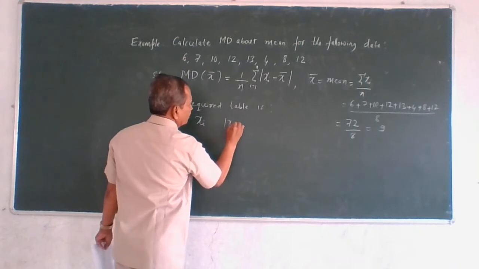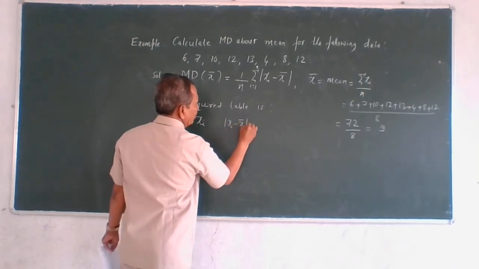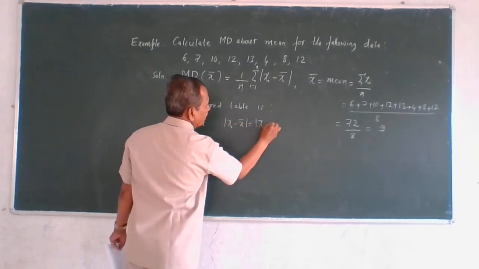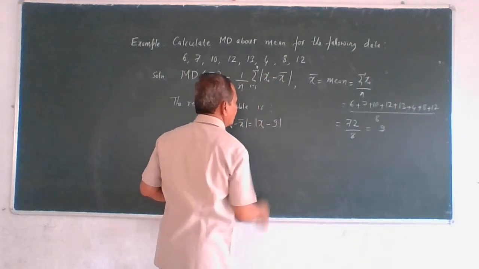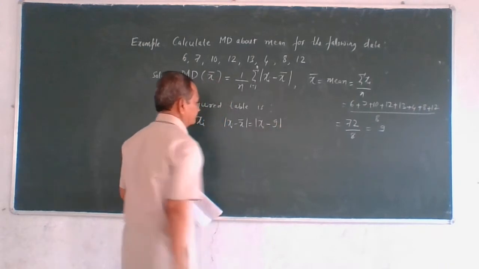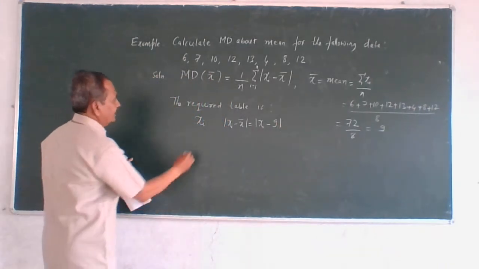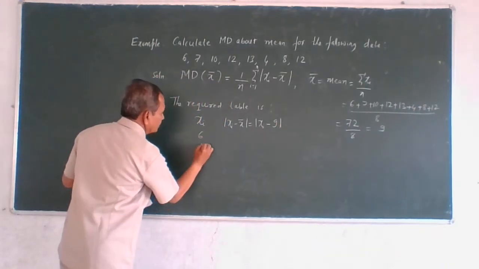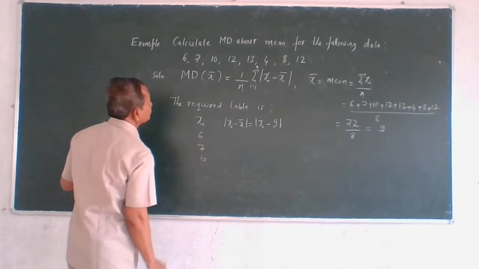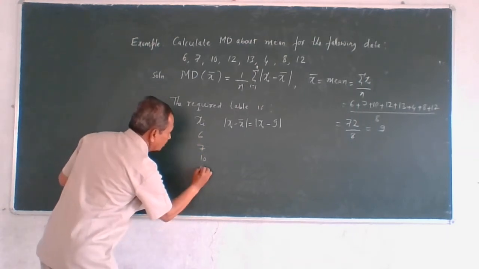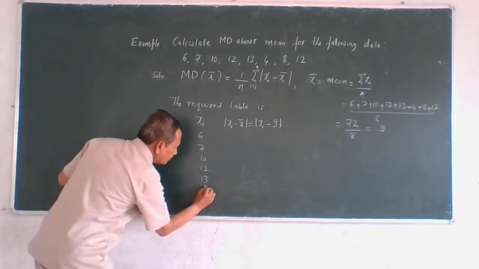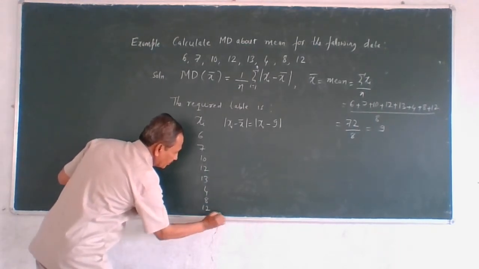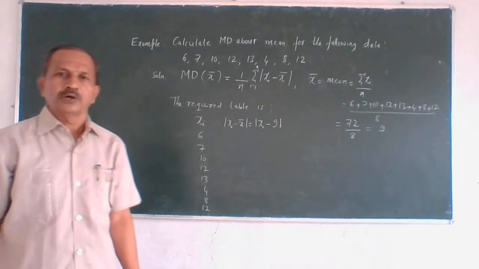These two columns we require. What are xi? 6, 7, 10, 12, 13, 4, 8, 12. These are our xi.